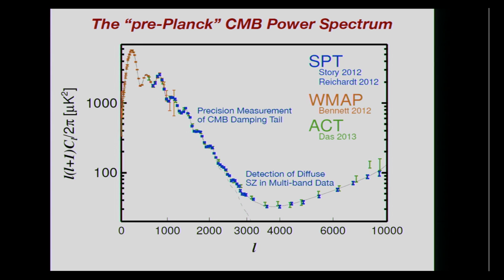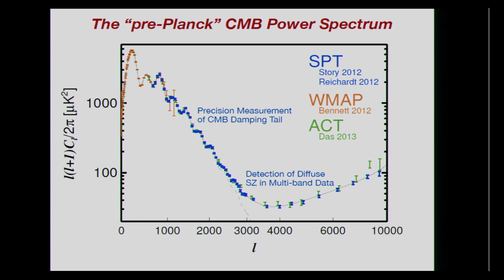Up until pre-Planck, this shows the best measurement of the CMB power spectrum, combining WMAP, SPT, and ACT. SPT is always concentrated at l's above 1,000 or so, because that's where we can improve upon the measurement from WMAP.